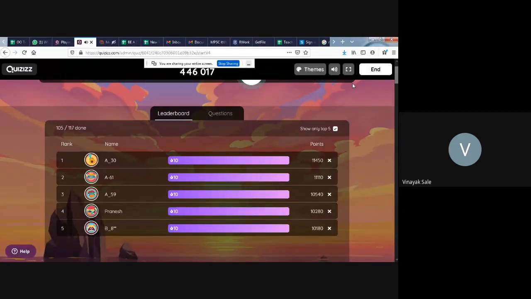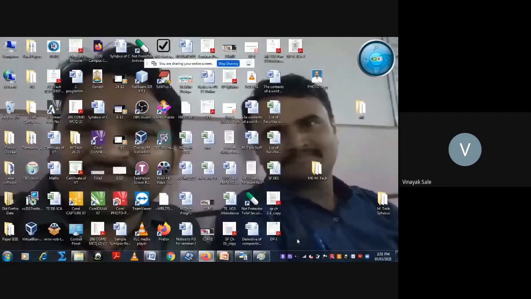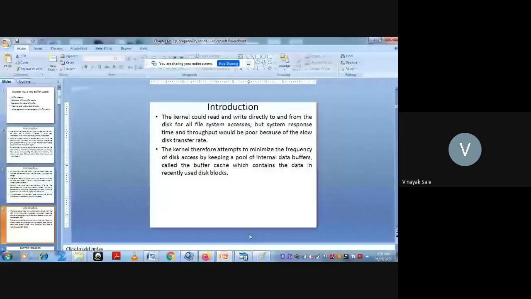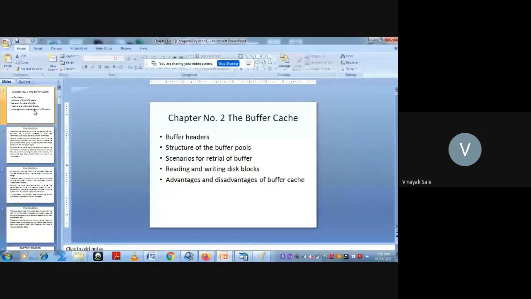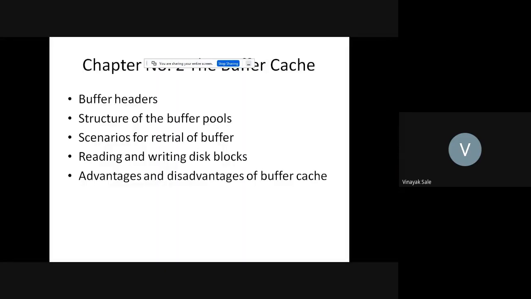Okay, we move towards the next chapter, chapter 2. That is the buffer cache.